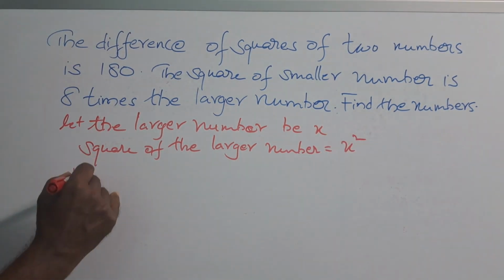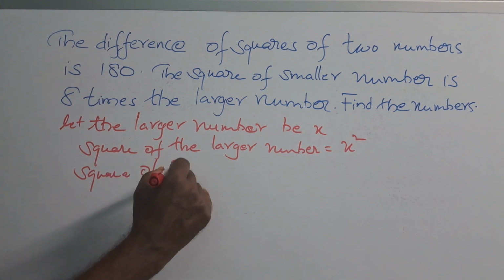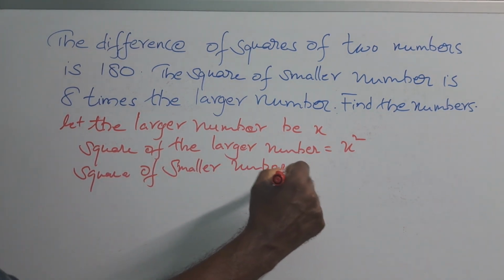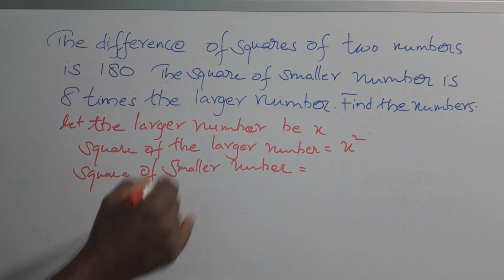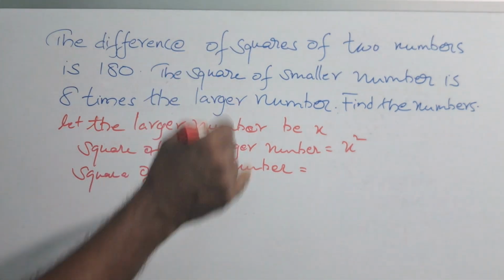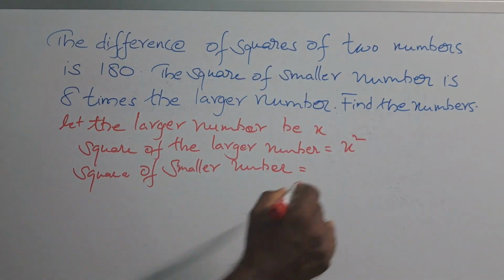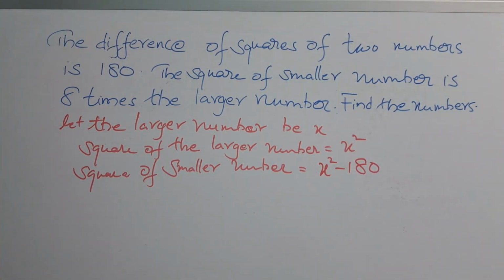Then the square of the smaller number: it is given that the difference is 180. That means the square of the smaller number is 180 less than the square of the larger number, that is x square minus 180. This is the square of the smaller number.